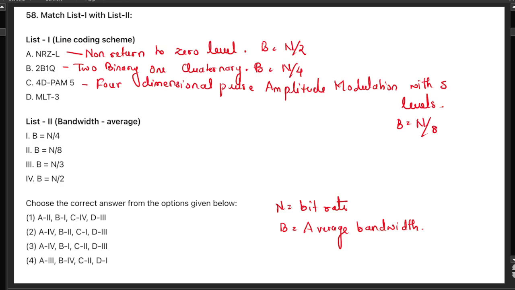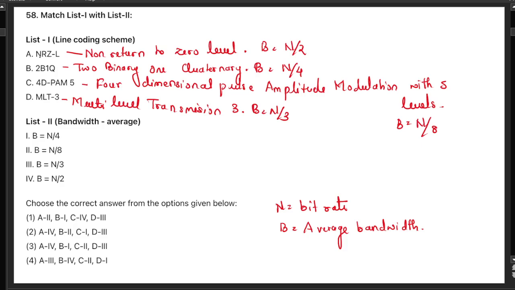And if we talk about MLT3, which is multi-level transmission 3, this comprises the bandwidth of N by 3. Okay, now let's see what is the correct answer here.